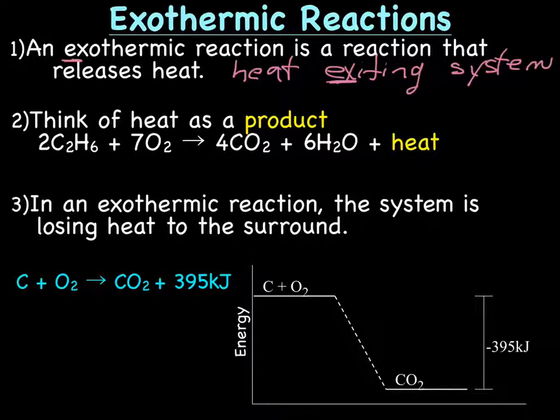So you want to think of heat as a product, and we have an example here of a combustion reaction of a hydrocarbon that produces carbon dioxide, water, and heat. Now the heat is not going to just sit there in the reaction dish or in the car engine or wherever we're talking about. It's going to float away. So that's why I think of heat as exiting. So during an exothermic reaction, the system, the thing that we're studying, is losing heat to the surround.